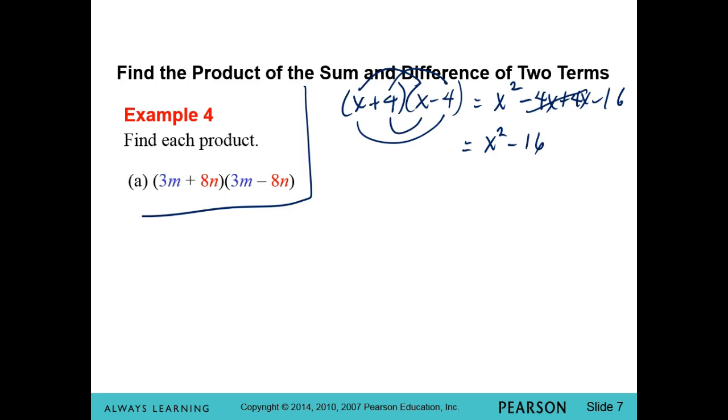Okay? That was A. Let's do B. Oh, this is why we did it. We wanted B here. 2/3 minus W times 2/3 plus W. Oh, isn't this fun? How would you do one like that? Oh boy.